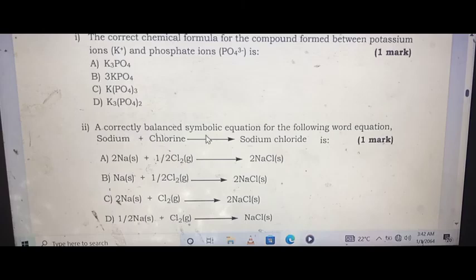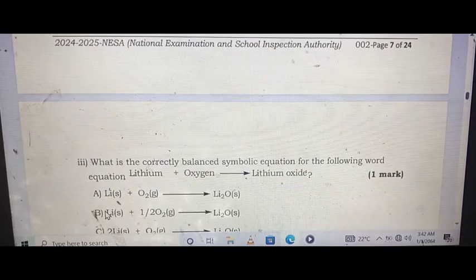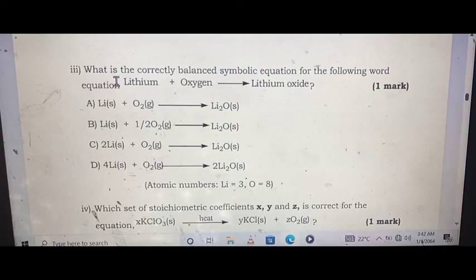2. The correct balanced symbolic equation for the following word equation: sodium reacts with chlorine to form sodium chloride, is... The correct answer is letter C, 2 sodium reacts with chlorine to form 2 sodium chloride. 3.